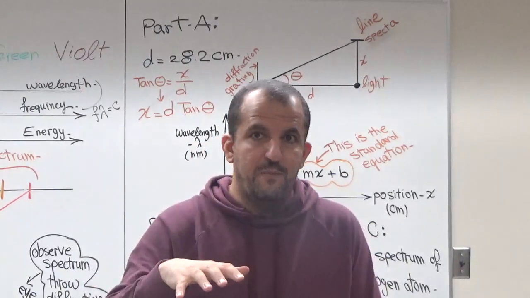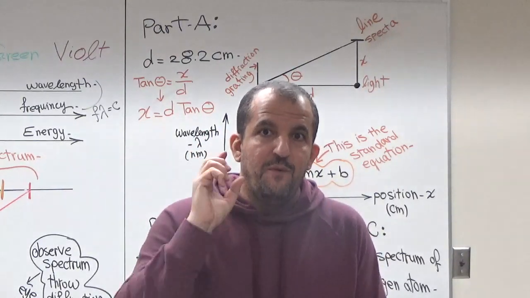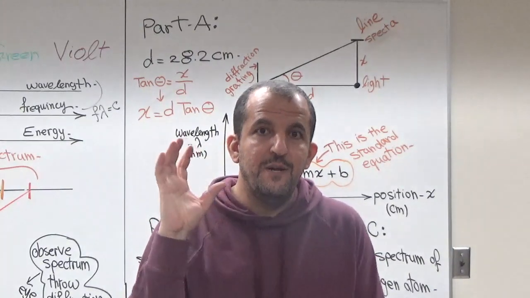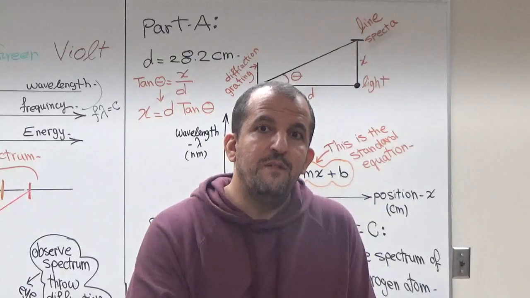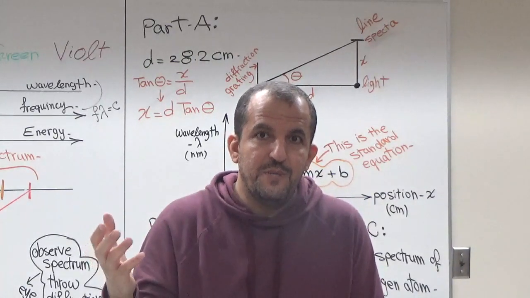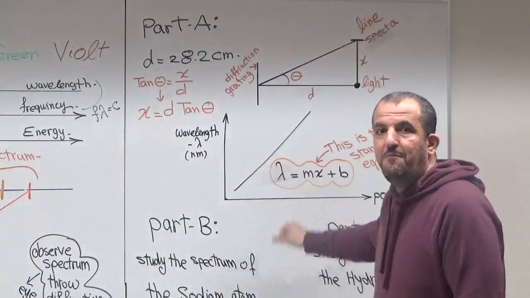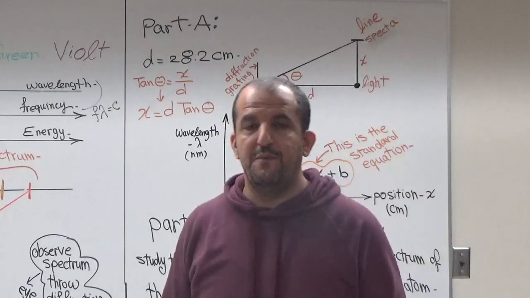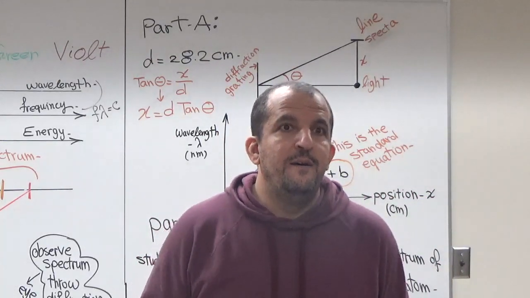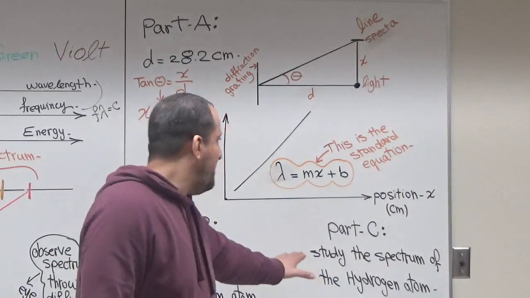For this experiment, you just need to figure out the wavelength for the hydrogen spectrum and wavelengths from the sodium spectrum. You need to use the standard equation that we have from the Mercury discharging tube to figure out those two wavelengths. Again, guys, in future topics we will use part C.